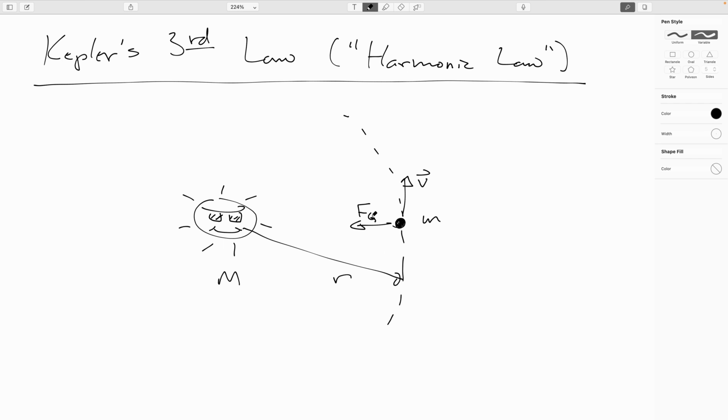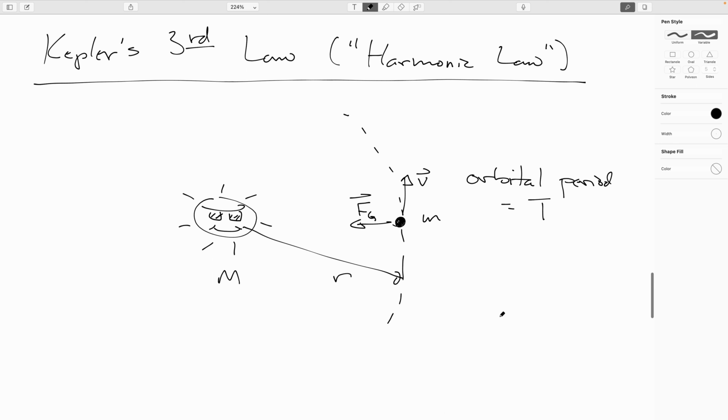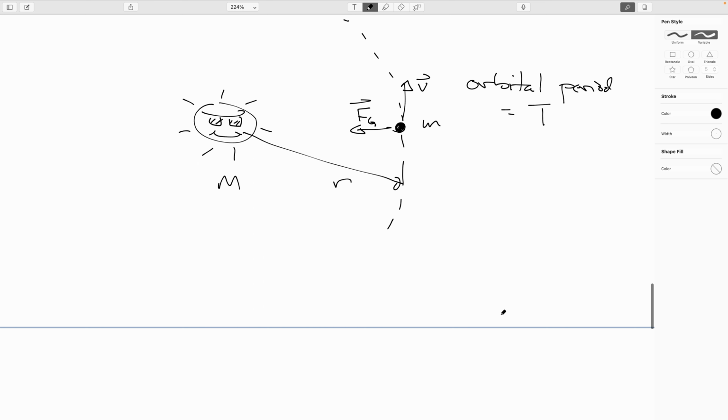Anyway, we've only got one force acting, and it is gravity. And we'll say that the orbital period of our planet is capital T. So again, we can go ahead and say that gravity is our only centripetal force here. So this is going to be mv squared over r.